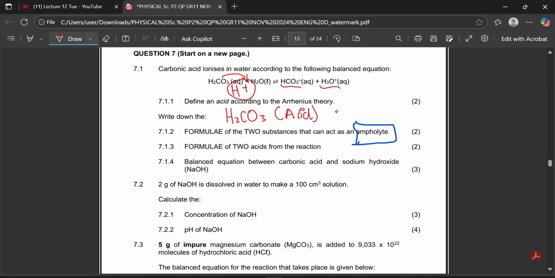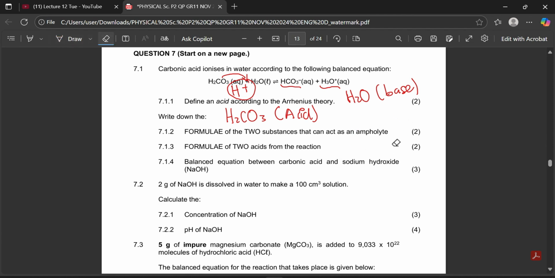And what received the proton? Water. Therefore, water is our base. Cool. Now they say that they want the formulae of the two substances that can act as an ampholyte. So what is an ampholyte? A substance that can act as both an acid and a base. Now notice something.